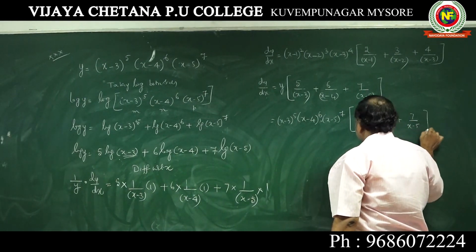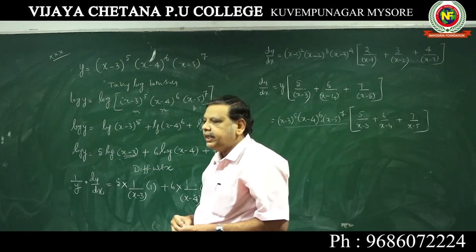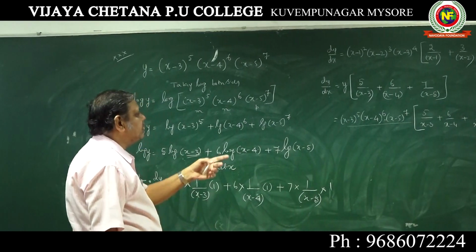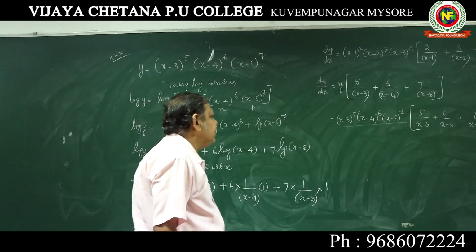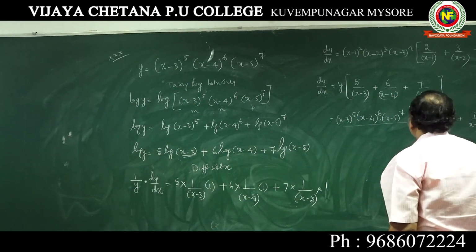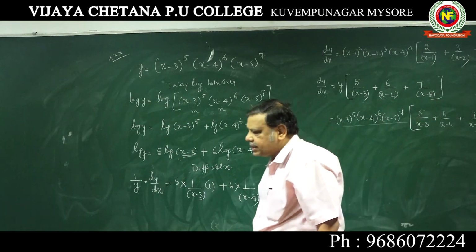This is the final answer. You should write this. Why do you have to replace? Otherwise 1 mark will be cut. Y has to be replaced in the logarithmic function. You have to substitute y as (x minus 3) to the power of 5, (x minus 4) to the power of 6, (x minus 5) to the power of 7 into 5 over (x minus 3), 6 over (x minus 4), 7 over (x minus 5).